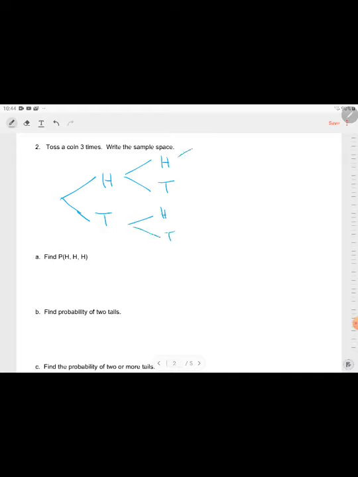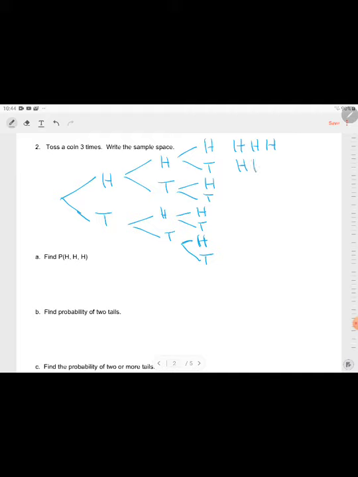Then on the third toss, you can get heads or tails. Okay, this is known as a tree diagram. And you read up the branch. So you say head, head, head. So you could get 3 heads in a row for the 3 tosses.